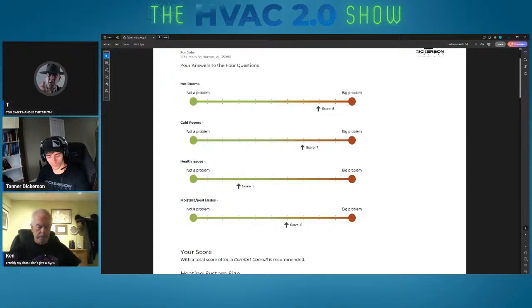And maybe there are going to be some situations where the comfort consult makes itself apparent at the free quote. Like if somebody's in between two sizes, for example. Yeah. To do a retrofit that's going to tighten up the house is going to be a significant amount of effort, and to increase the size of the ductwork for a little bit bigger equipment is not.